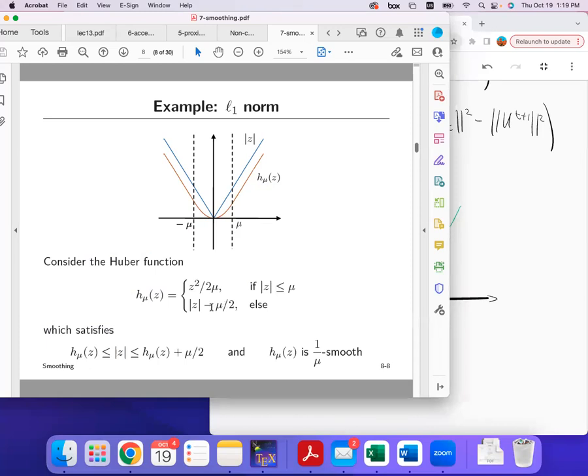The function is the absolute value of z shifted by mu over 2, so that these two lines will connect to this quadratic function. So in the end, when we plot this h mu z function, it is very close to the blue L1 function. Actually, you can just decrease this mu, and then you will see that this function gets closer and closer to the blue function. So this mu controls the approximation accuracy.